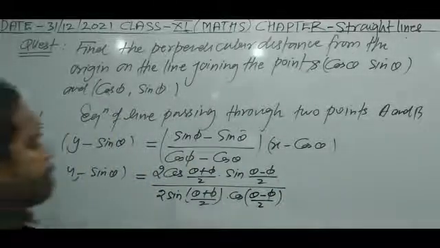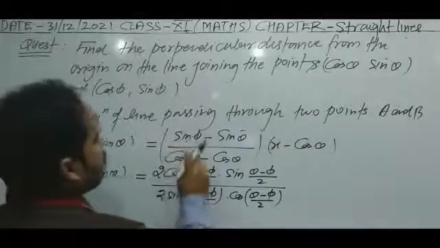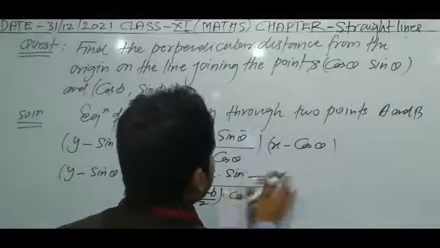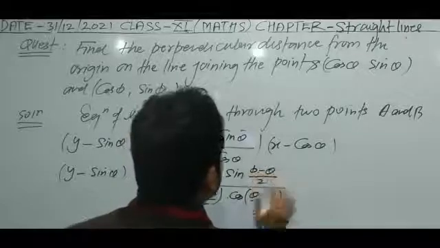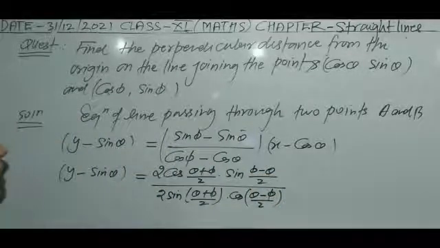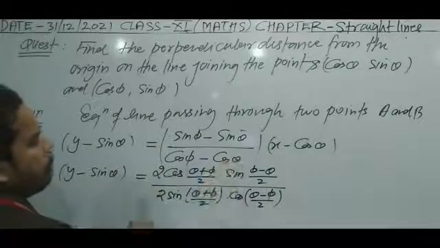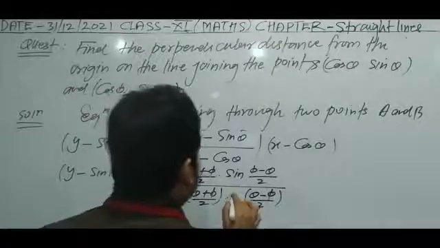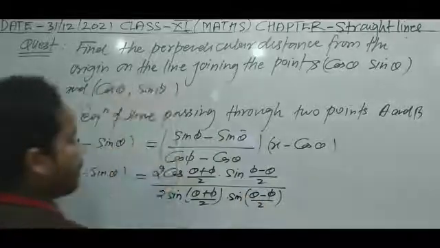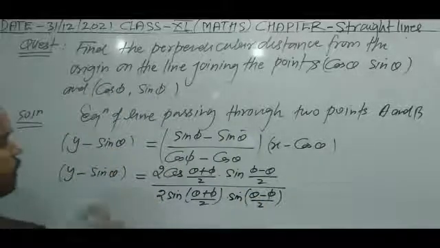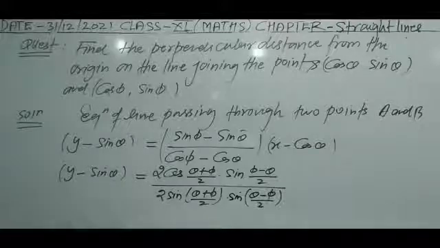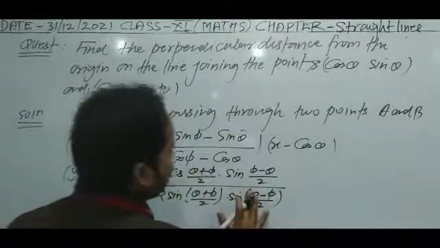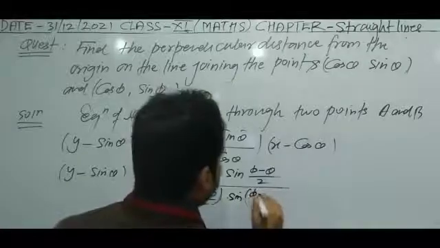So you can see, this is phi plus theta and phi minus theta, and the result will be sine, with the negative sign you can also take, so negative sign, sine of phi minus theta by 2.